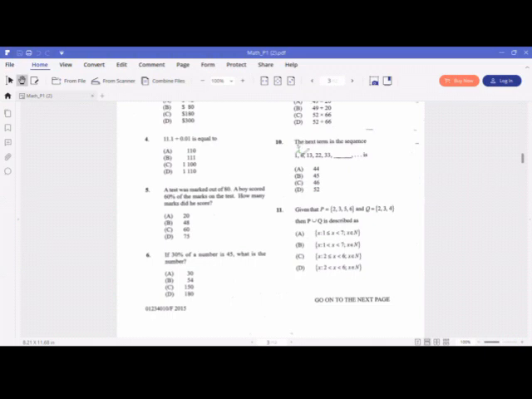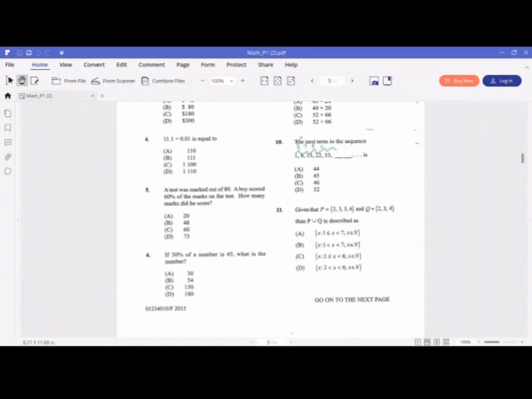The relationship between 6 and 13 is that we increase by 7. The relationship between 13 and 22 is that we increase by 9. And the relationship between 22 and 33 is that we increase by 11. Now we need to find the relationship between 33 and the missing number.